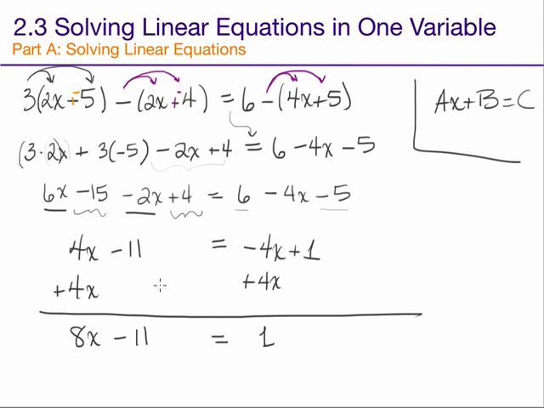Now the equation's in the right form, ax plus b equals c. b is negative 11. So the next step is to add the constant to both sides. This becomes 0, and I have 8x equals 12.